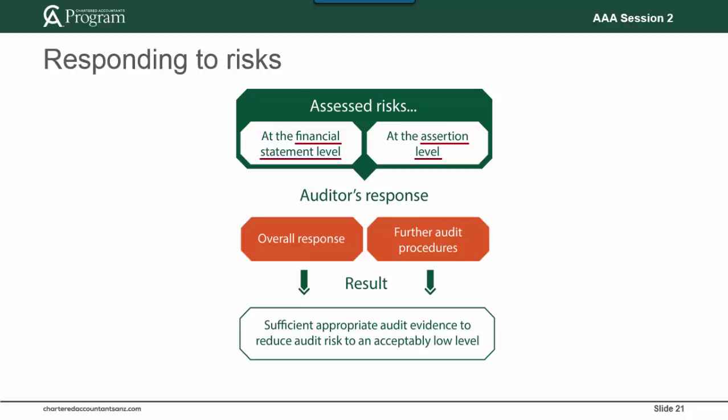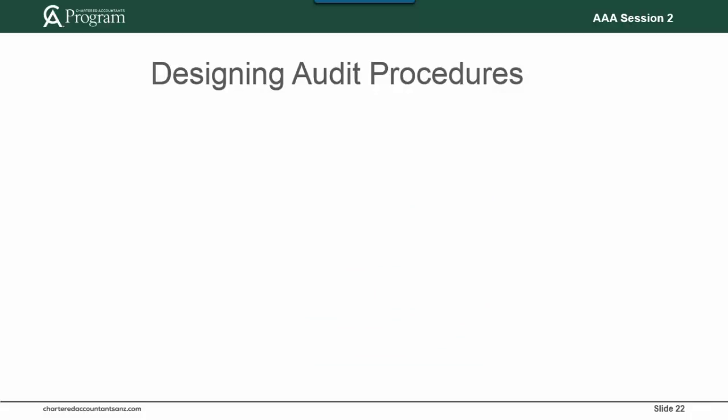So that leads us into designing audit procedures. Part B and Part C of the required asks you to design a test of control and a substantive audit procedure. While there are some fundamental differences between a test of control and substantive audit procedure, the same principles apply when you're designing a procedure.